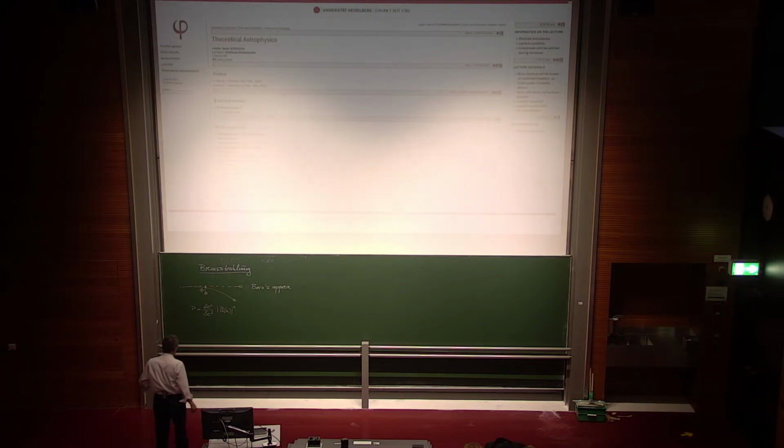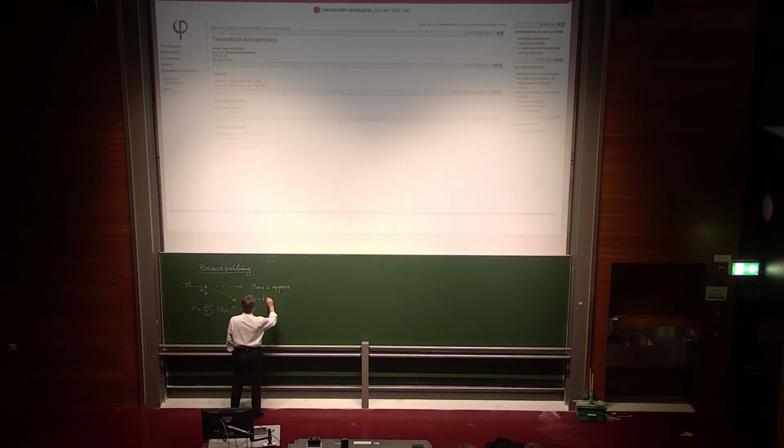And then I can describe the orbit by saying the particle moves with the velocity v such that it covers the distance vt, if I call the time of closest approach t equals 0. Then I know what the separation is between the two. The separation is just given by the square root of v squared t squared plus b squared.